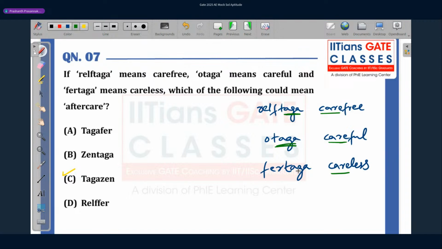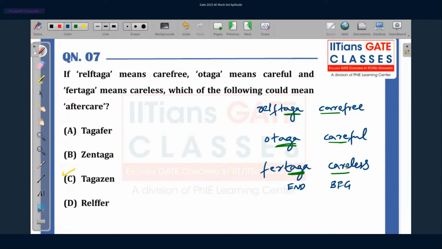We find that this Taga is also the same. Also, this Taga is happening at the end over here, and in the English one, it is in the beginning. So in the encoded language, if Taga is coming in the end, then in English, it will have care in the beginning.